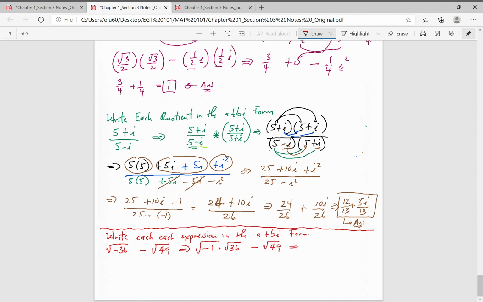We take that a step further and you're going to get 6i, because this is going to be i, this is going to be 6, and then minus 7. So in the a plus bi form, it's going to look like this: negative 7 plus 6i. And this is our answer.